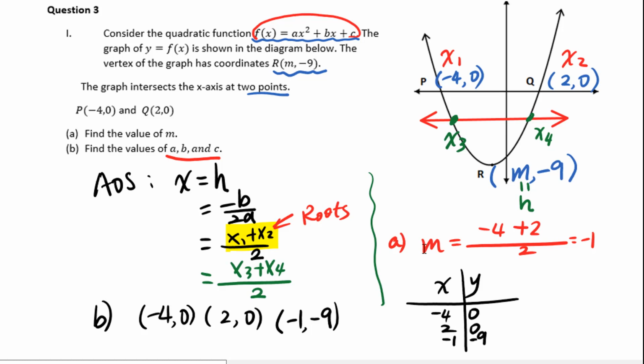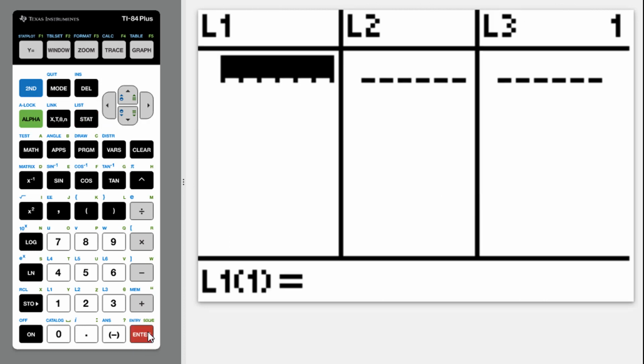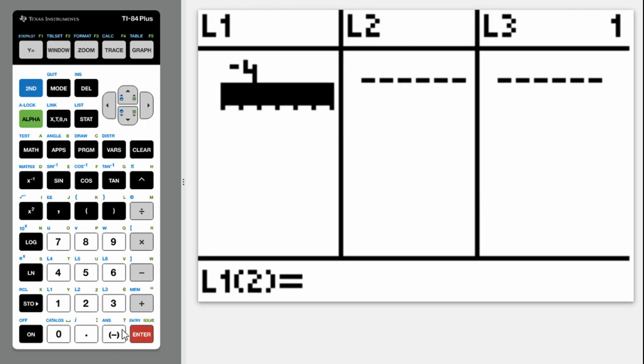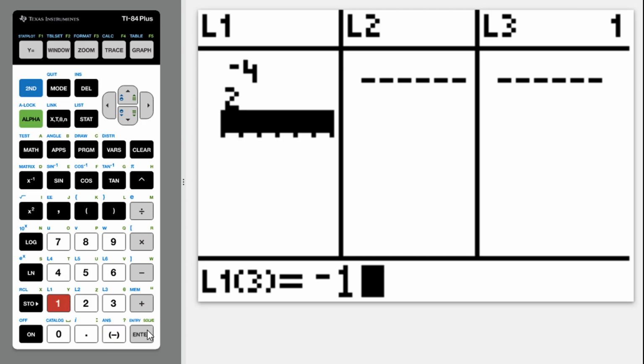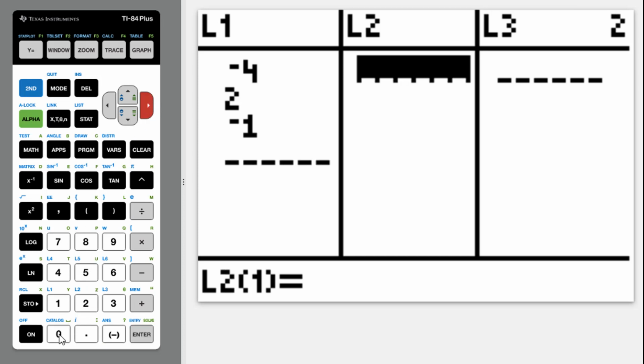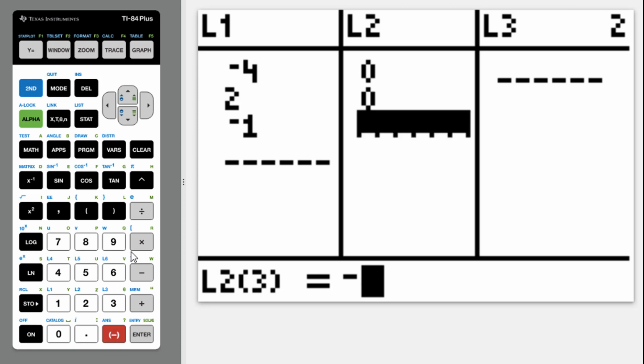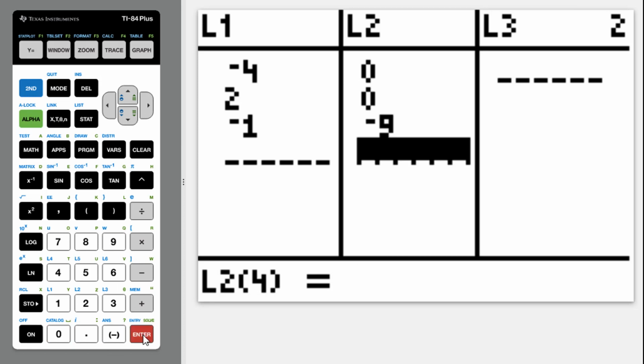Go to stat to figure out this quadratic function. So go to stat, edit. You have -4, enter, 2, enter, -1, enter. For L2 will be y coordinate, 0, enter, 0, enter, -9, enter.